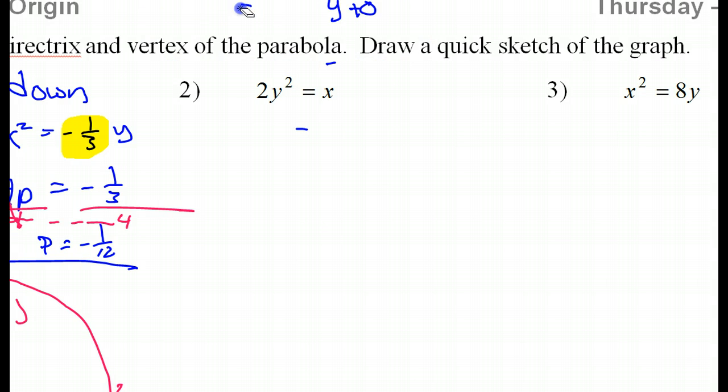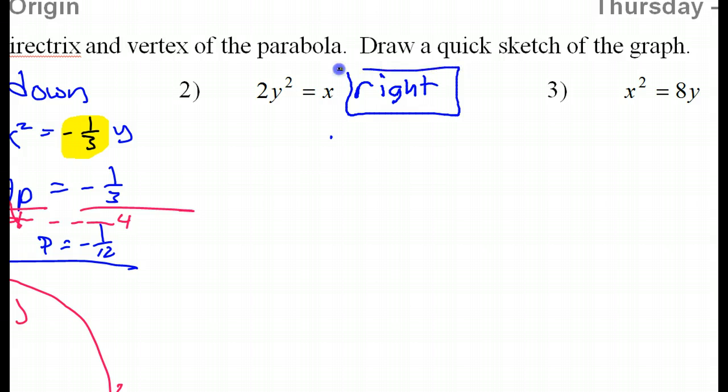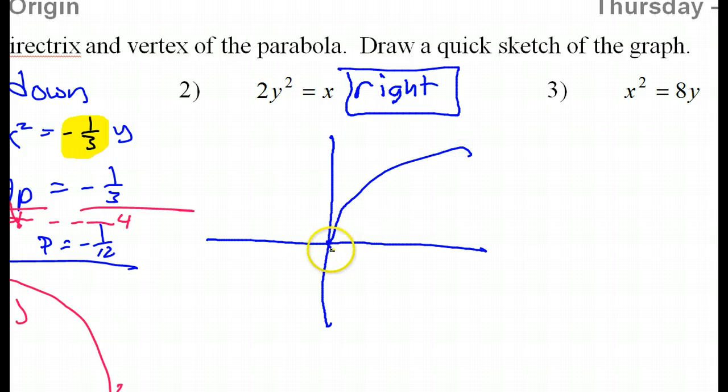So this is a sideways parabola. Since I don't see any negative signs, I know that it's going to be to the right. That's the first thing you have to decide. So it's going to be doing this type of a thing.